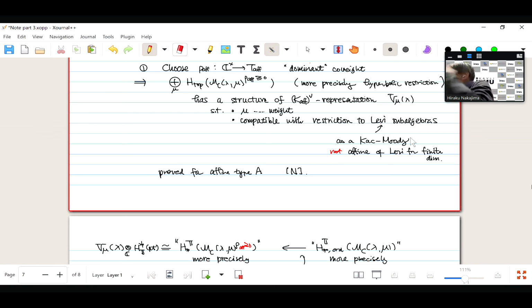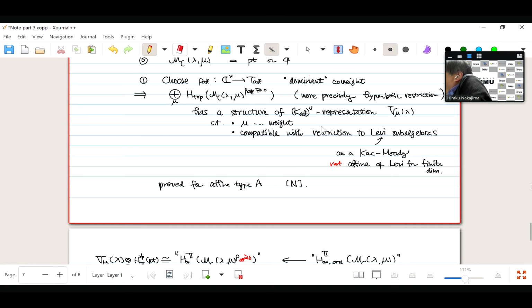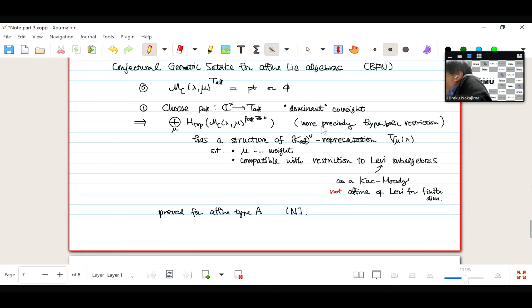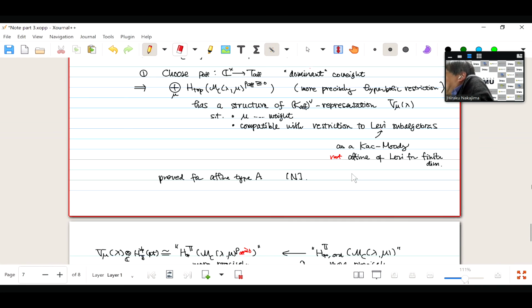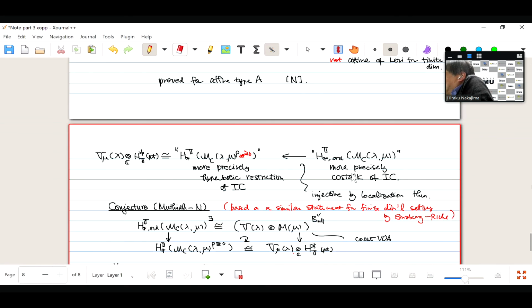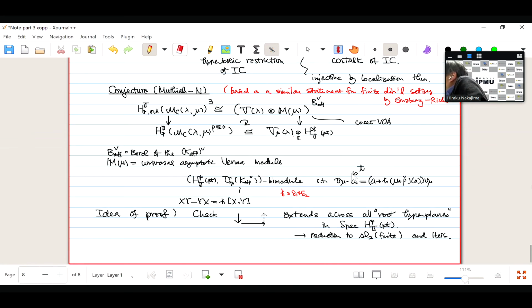The Virasoro algebra or affine SL2 is certainly much more complicated than finite dimensional SL2. But when we treat this affine algebra as a Kac-Moody algebra and the corresponding Levi subalgebra, we only get the finite SL2. That seems to be simplified.